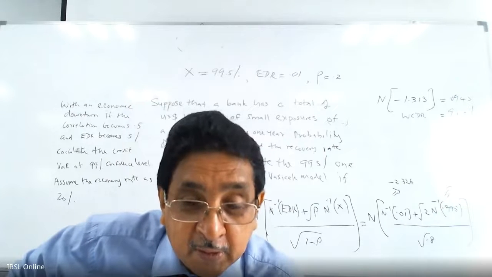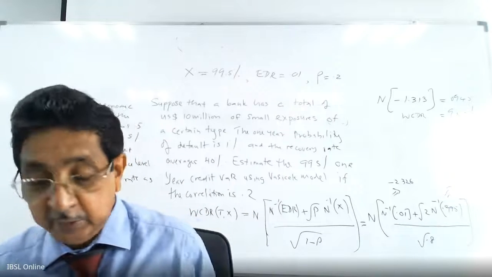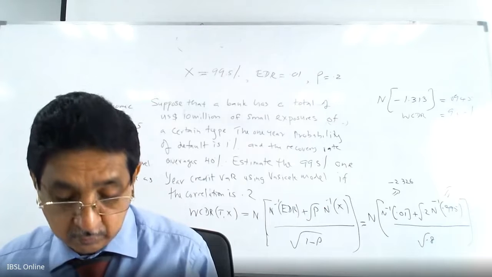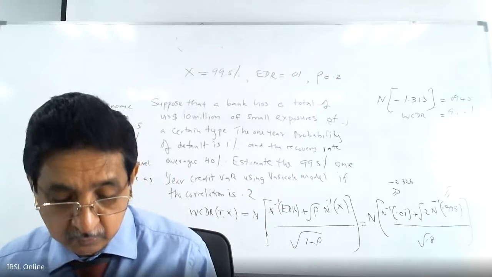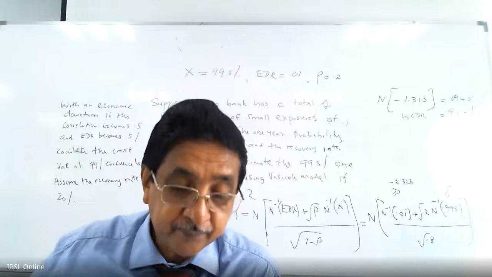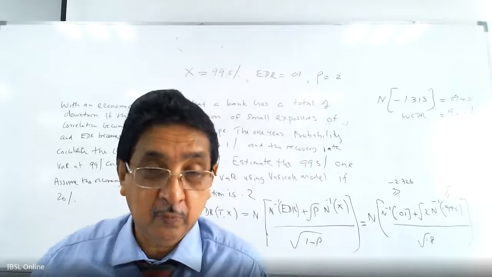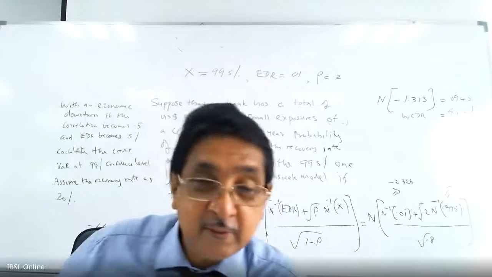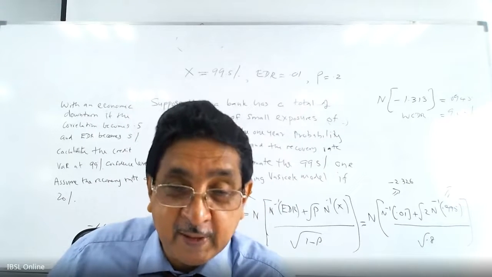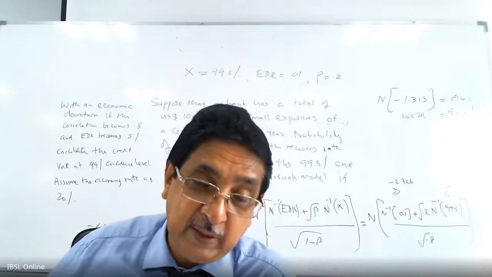So if you go to the expected loss calculations, you will get 10 into 0.8 into 0.05, is it? So that is only 0.4. That is $400,000. So that is the expected loss.